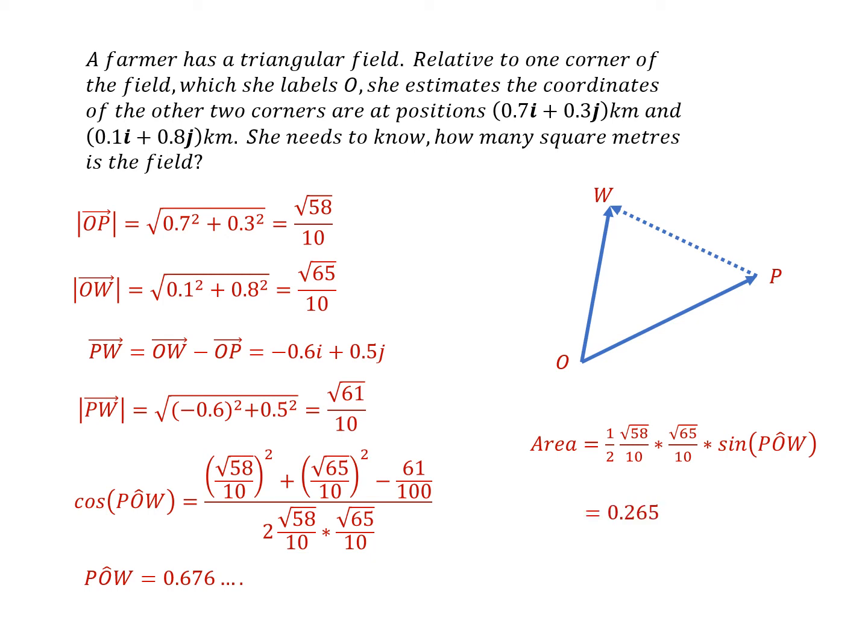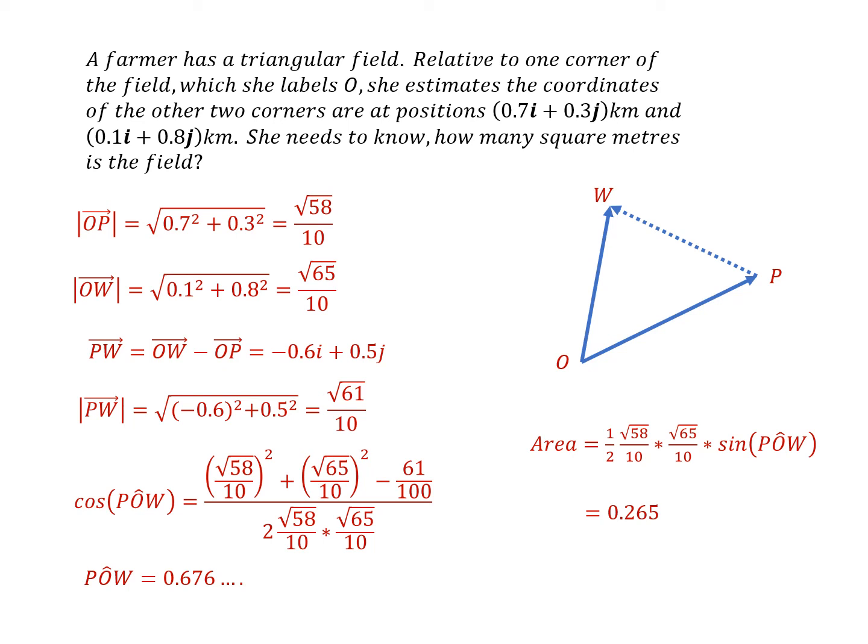And if you have typed in the exact values with the square roots in surd form, then you should be getting 0.265 with no further decimal numbers after the 3rd decimal place. It should be exactly 0.265.